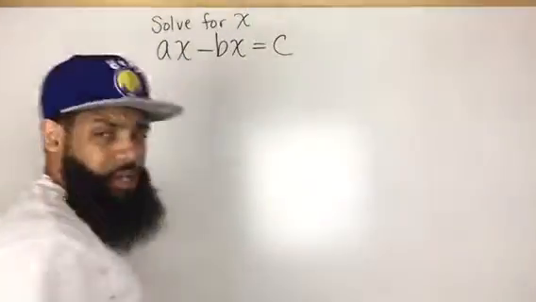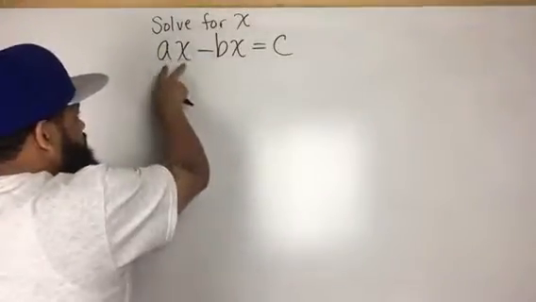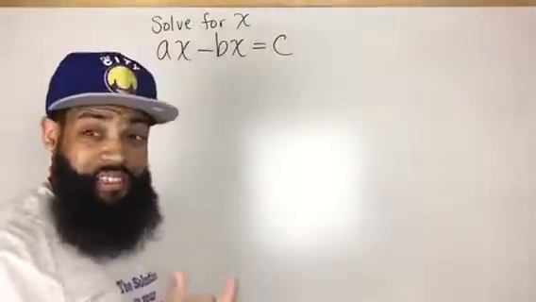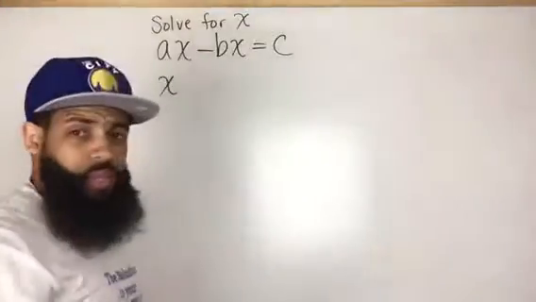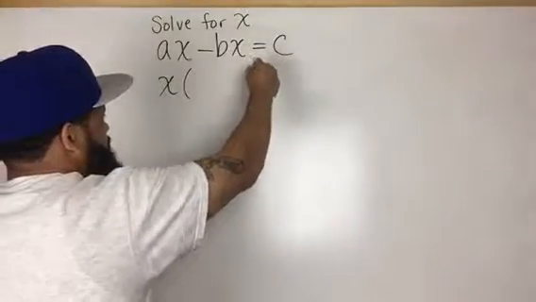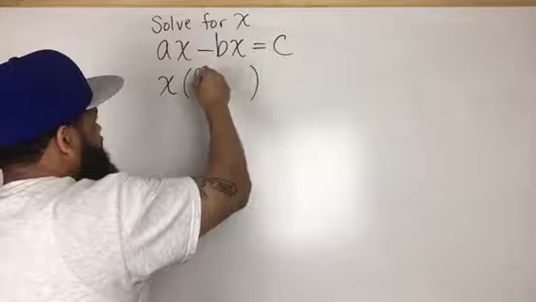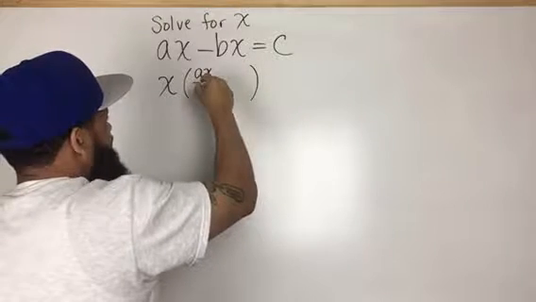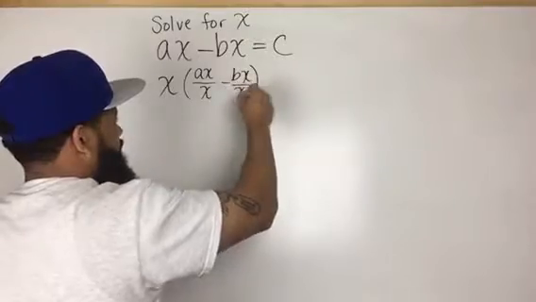Well, notice there's 2 x's, so that makes this one a little tedious. Well, this term and this term have an x in common, so we can factor out an x. So basically what I'm doing is I'm going to take an x and put it there, but I have to make a parenthesis. So in order to get the values in parentheses, technically what I'm doing is saying ax divided by x minus bx divided by x.